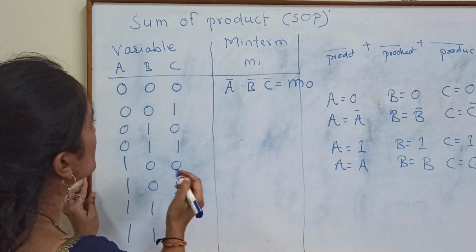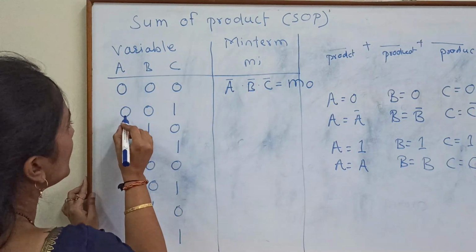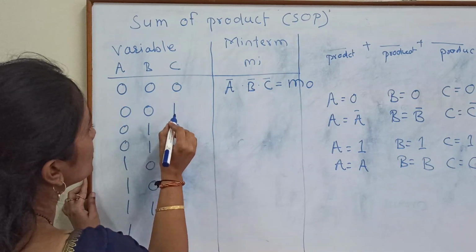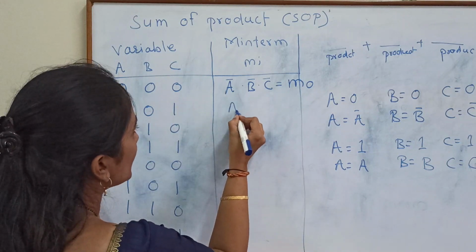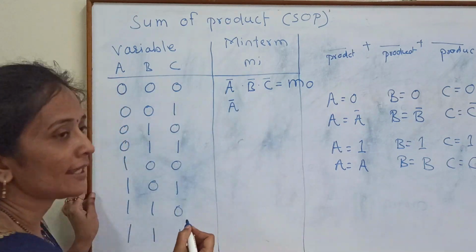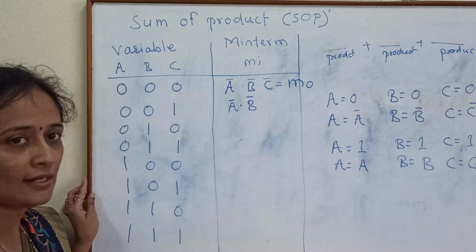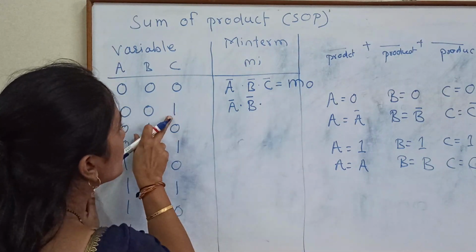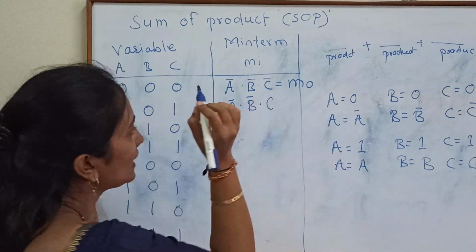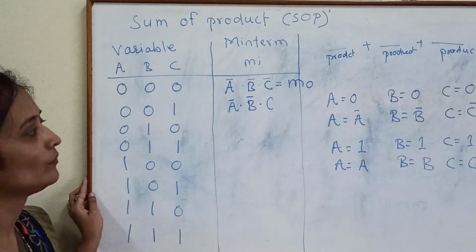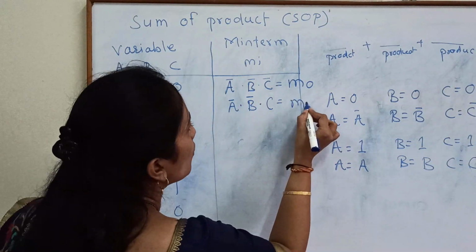First will be M0. Second, A is equal to 0, B is equal to 0, C is equal to 1. Again, A is equal to 0 means A bar, into B is equal to 0 means B bar, into C is equal to 1, then what will we write? Only C. This is M1.